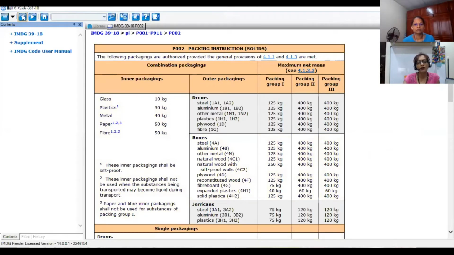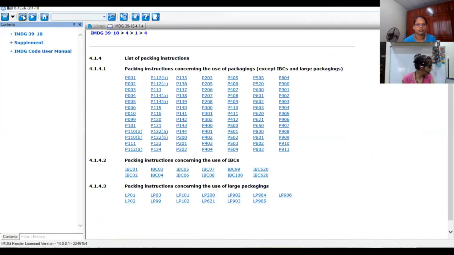If you have the code book, as you sift through all the DGLs in volume 2, many times if you open any page, you're bound to find a P001 or a P002 without fail. So these two are very common packing instructions.